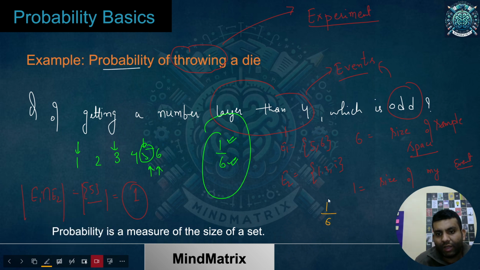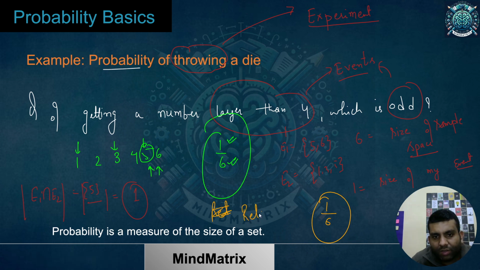1 by 6. Now it tells me the relative size of my event. What is it telling me? It is telling me the relative size of my event with respect to my sample space. So probability is giving me a kind of relative measure of the size of my event.